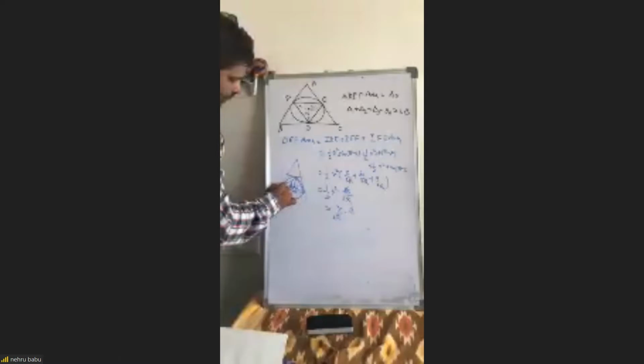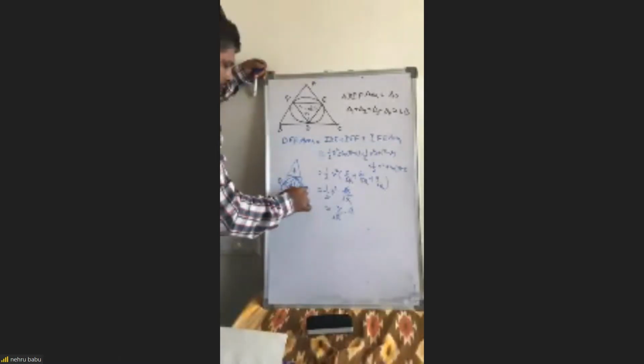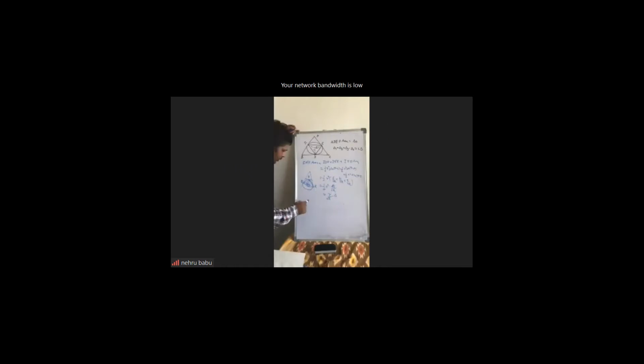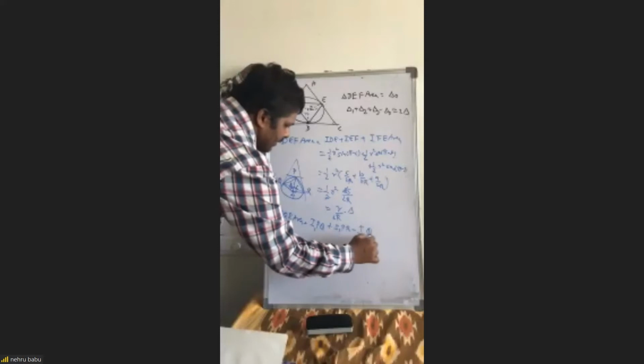Here 180 minus B. So this is B here, and this is C here, and the full angle is B plus C. So if you take the name PQR, PQR area equal to I1PQ plus I1PR minus I1QR area will come.